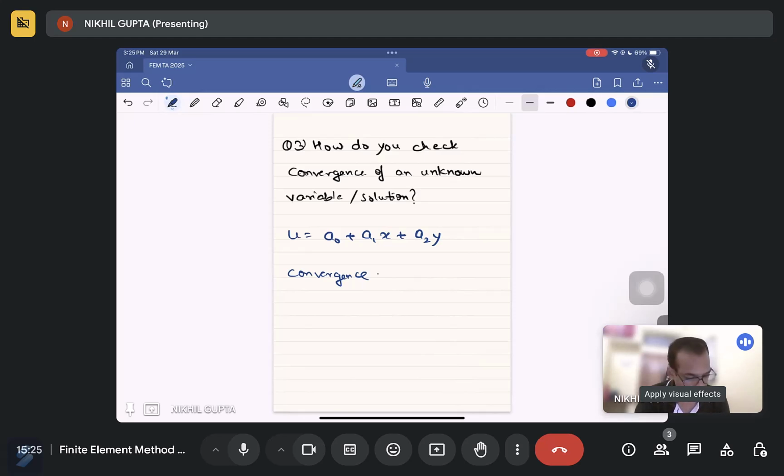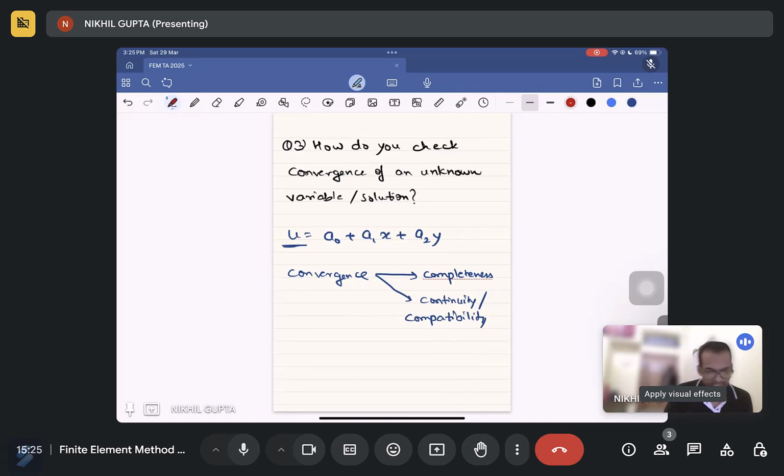So initially you have to take care of two things in convergence. One is completeness and the other is continuity, or you can also say compatibility. If you assume the degree of freedom such that these two conditions are satisfied, you can say that your solution will converge. I'll clear what these conditions are.